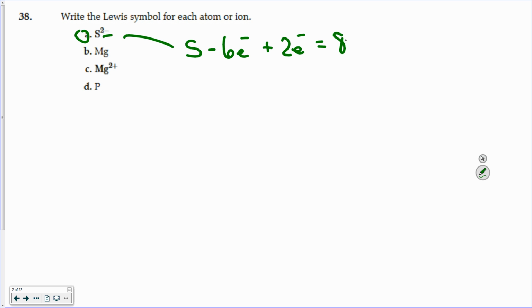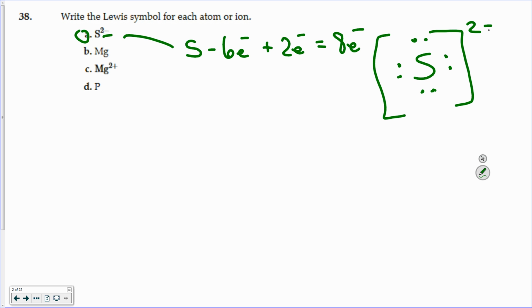That means that the 2- anion of sulfur has 8 valence electrons associated with it. So I'm going to show the 8. That's the octet. That's stability. And we also need to make sure that we represent that it's charged sulfur, or the anion, so we need to put brackets around it and a -2.